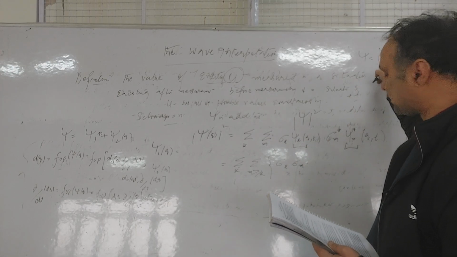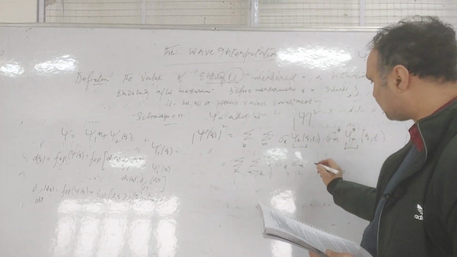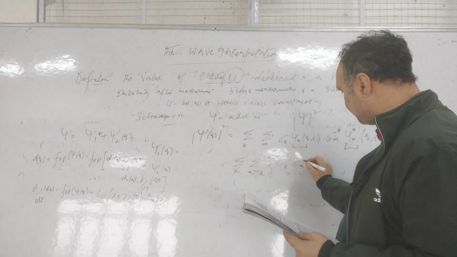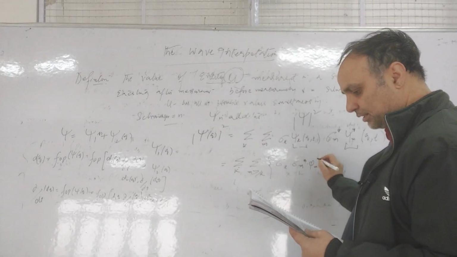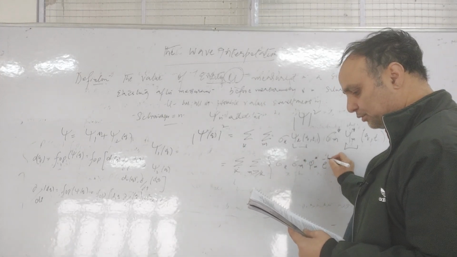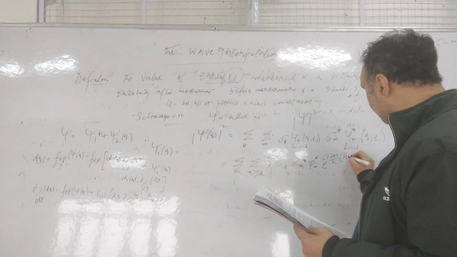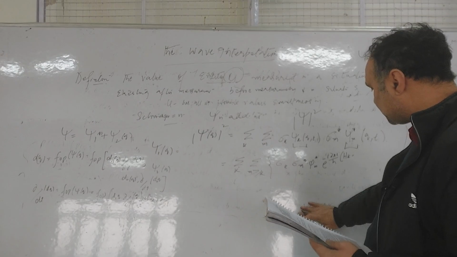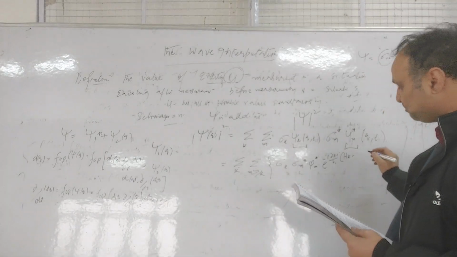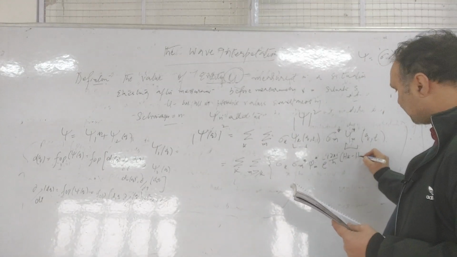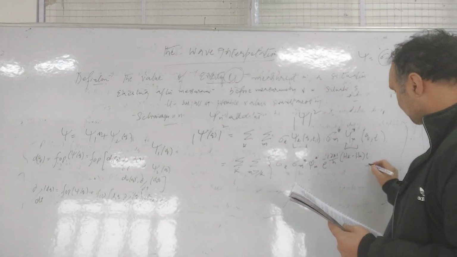Psi k we can write in terms of sigma m star, phi m star, e to the power minus iota 2 pi. If you remember our stationary states, one of the expressions was there for this.